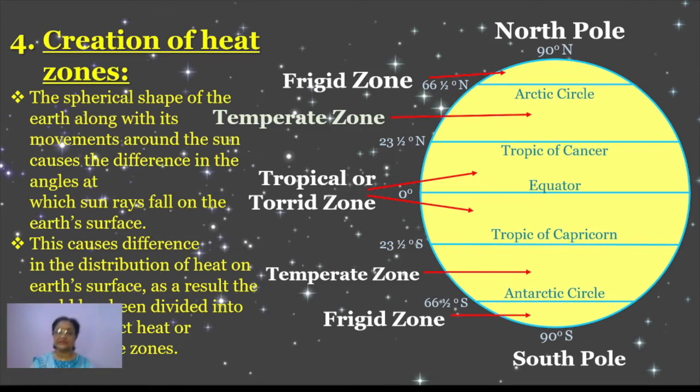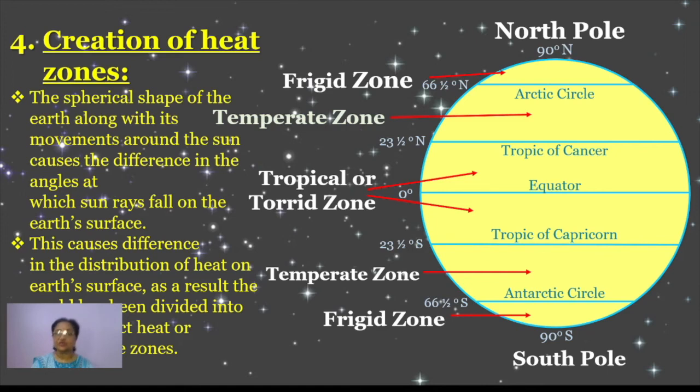But here, because of the spherical shape of the earth, along with the movement around the sun, that is revolution movement, both these are mainly responsible for the sun rays falling on the earth at different angles, and that makes the different heat zones to be created.